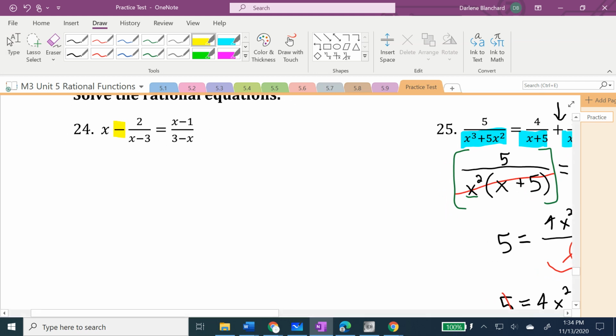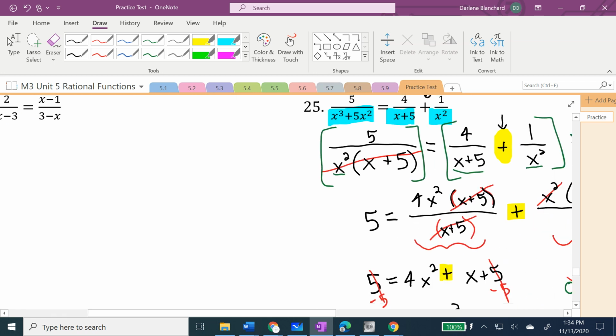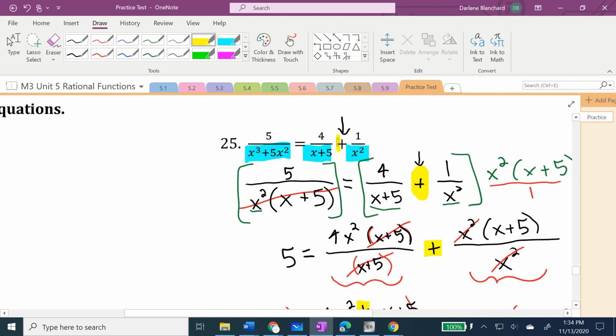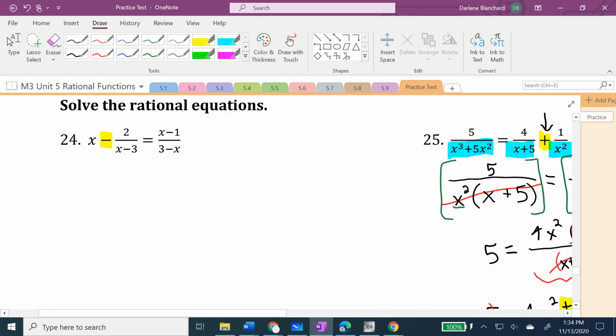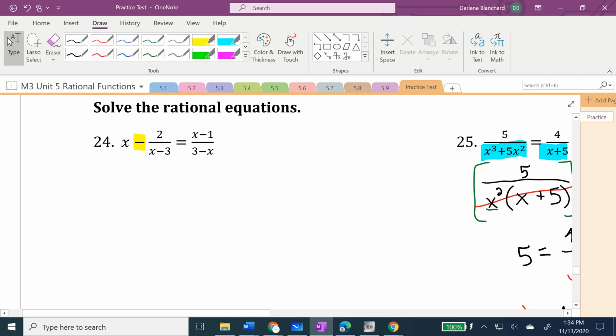I'm highlighting the subtraction. Just like in 25 when I highlighted this addition sign, you have to be very, very careful with those. Anything that you multiply both sides of the equation by, you have to distribute that multiplication over both of those items, x and the 2 over x minus 3.